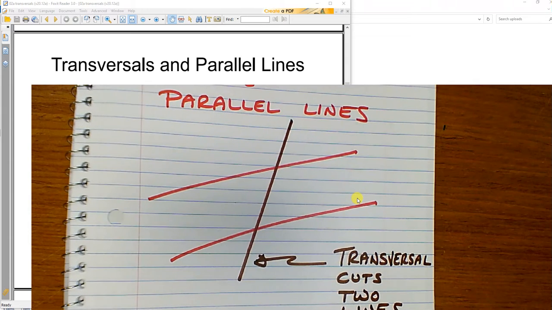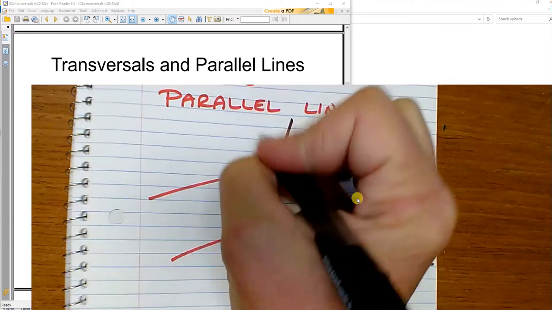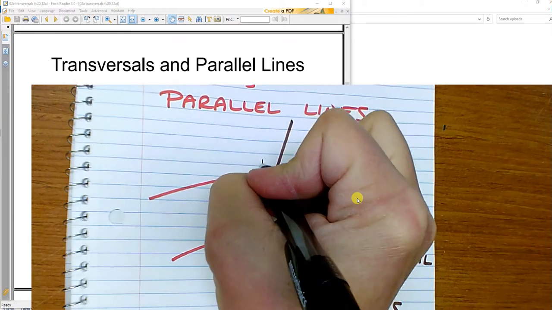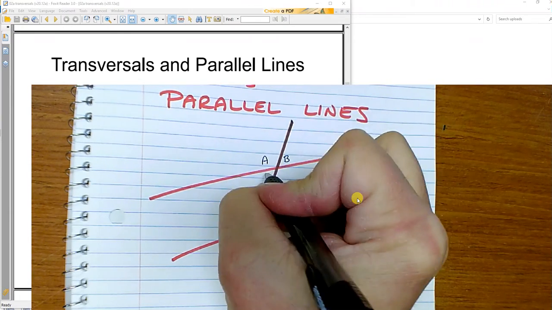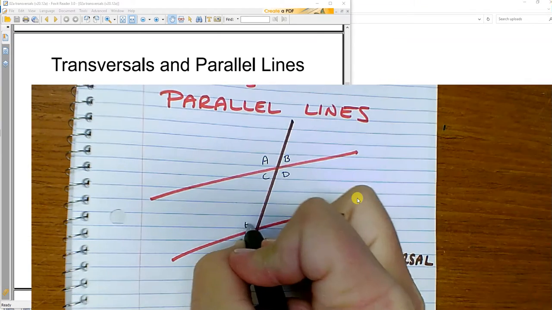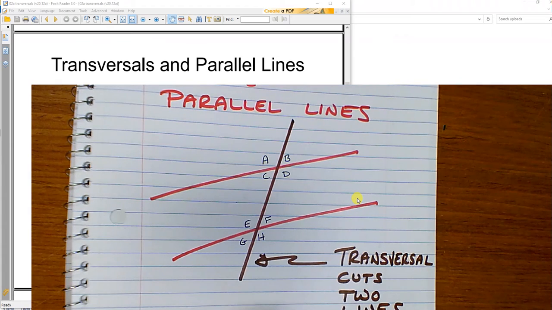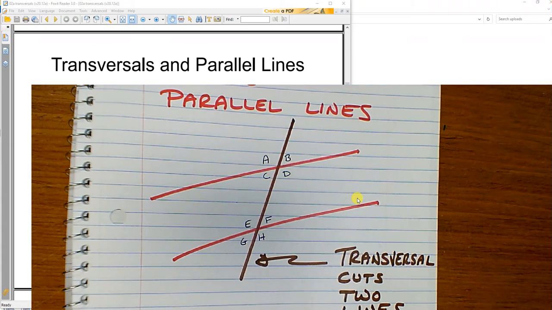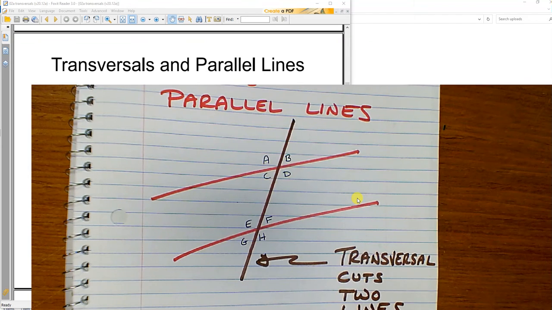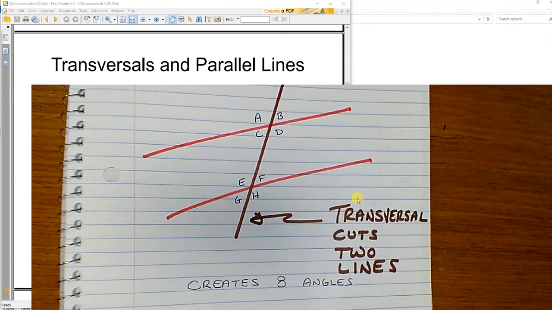So the transversal cuts two lines, and when it does, you can see that it creates 8 angles.